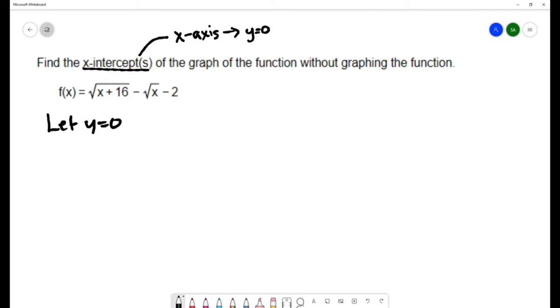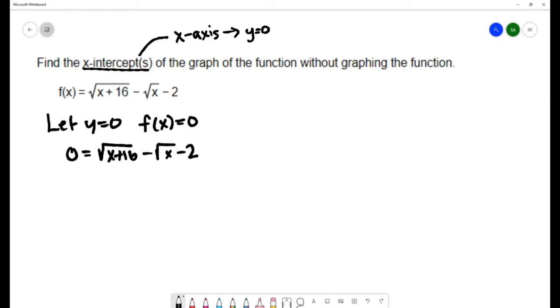Now in our equation, we don't have a y, we have f of x, and f of x is the same thing as y. So we're going to set f of x equal to 0, and that will lead to this equation: 0 equals the square root of x plus 16 minus the square root of x minus 2.